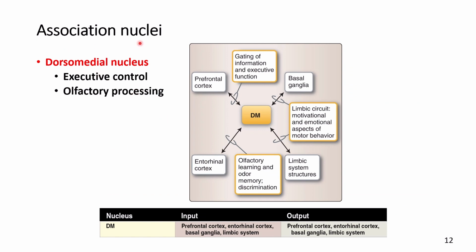We are still in the association nuclei. As I said before, there are two of them responsible for this. One is the pulvinar, and the other one is the dorsomedial nucleus. Here, the dorsomedial nucleus has a bilateral connection with the entorhinal cortex, and the entorhinal cortex is part of the limbic system that provides information about odor and other types of olfactory sensory stimuli.